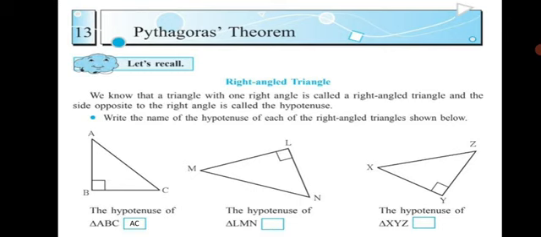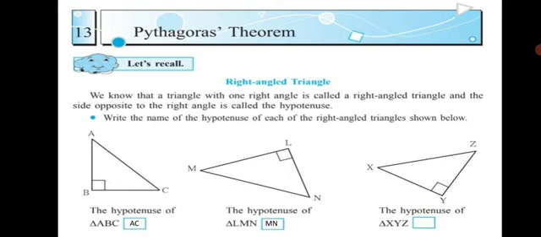In the second figure, you have to first locate the right angle. Yes, angle L is the right angle and the side opposite to it is the hypotenuse. So you can say that the hypotenuse of triangle LMN is MN.